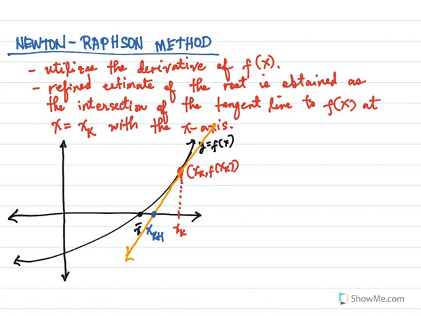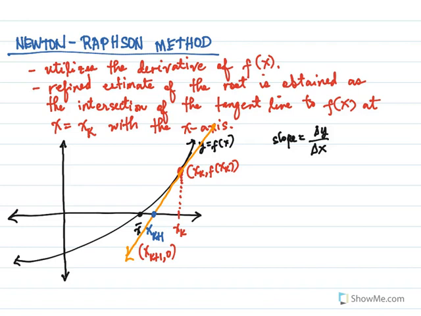Okay, so the iterative formula for the Newton-Raphson method is basically the slope formula. Recall that the slope formula is delta y over delta x. So you have 2 points on the tangent line. One point is x sub k, f of x sub k. The other point is x sub k plus 1, 0, on the x-axis.